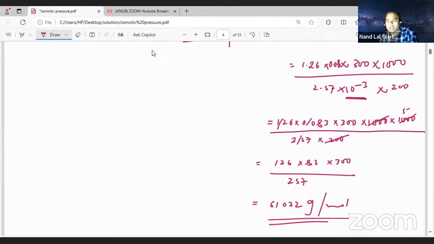So it is coming 3,137,400 divided by 257. If you divide this one, student, I am getting exactly the same answer. So this is the answer, student.